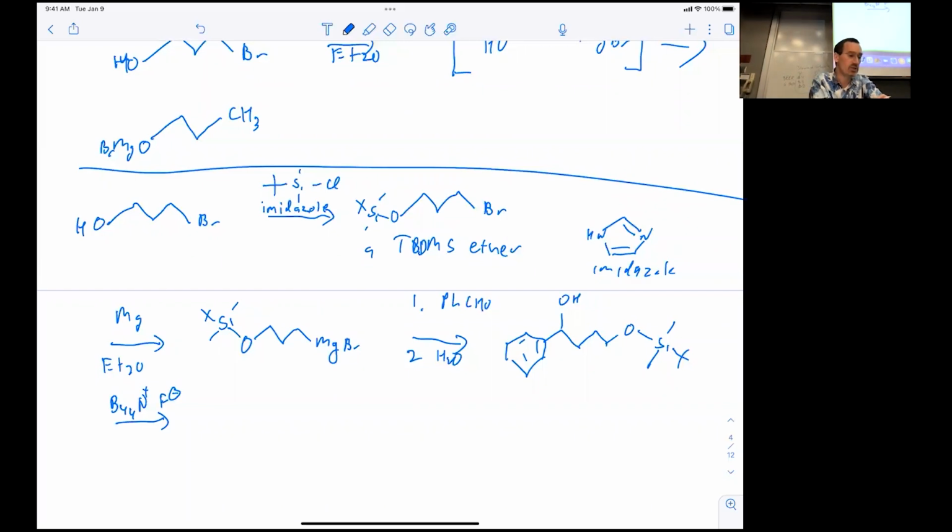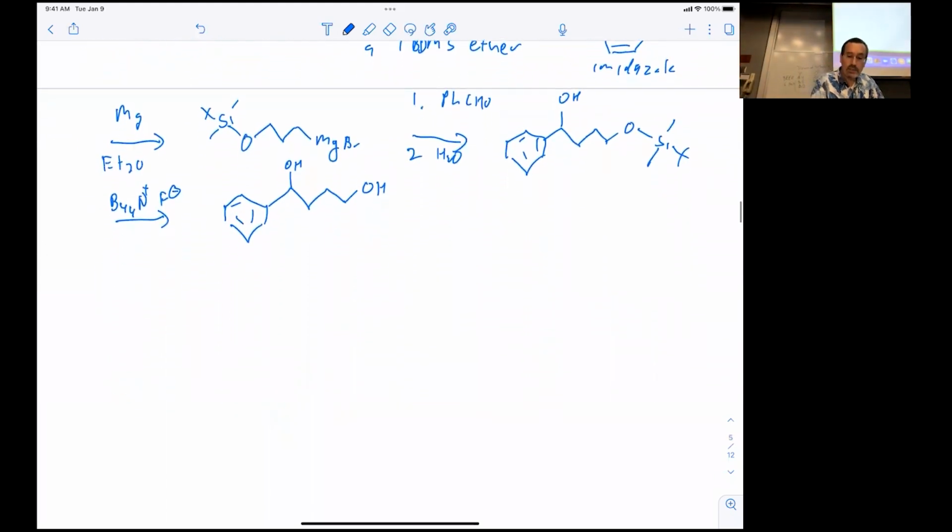Fluorine and silicon just love each other. Silicon forms very strong bonds with fluorine. So the fluorine actually acts as a nucleophile and attacks the silicon. I won't write out the details of the mechanism, but the result is that the alcohol is now liberated. And so through the use of protecting groups, we have now generated the desired product.